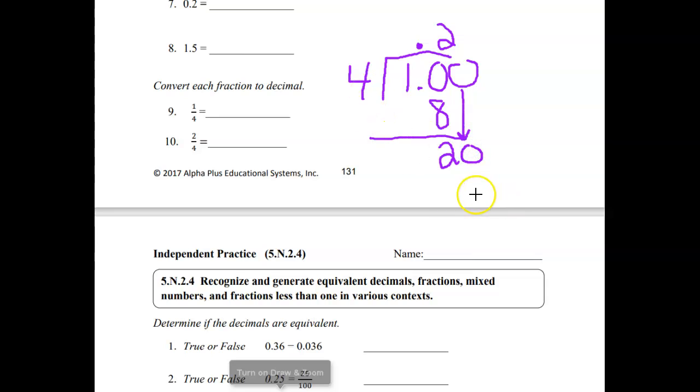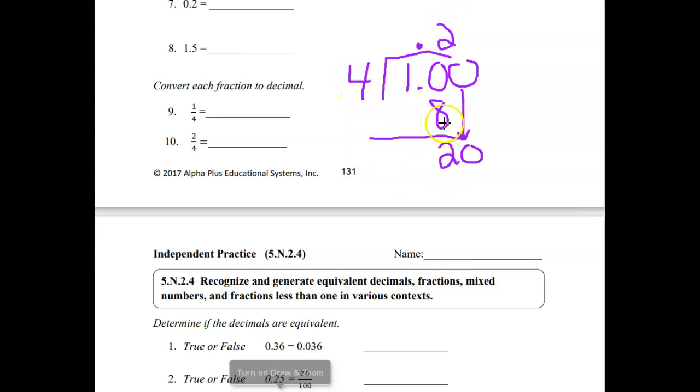Will 4 go into 20 evenly? Gotta know those multiplication tables. If you don't know your multiplication tables, this is going to be so hard. It'll make your school life a lot easier. I mean, we use multiplication all the time, even as an adult. And it's kind of embarrassing if you don't know your multiplication tables, especially as an adult. So make sure you know these.